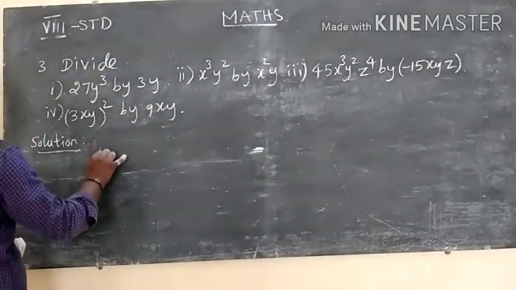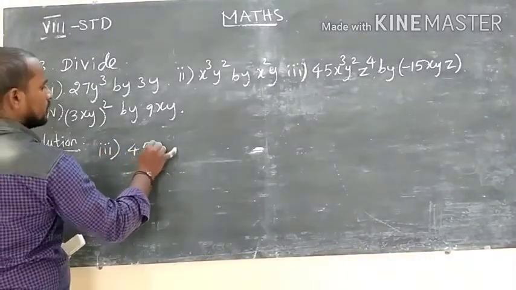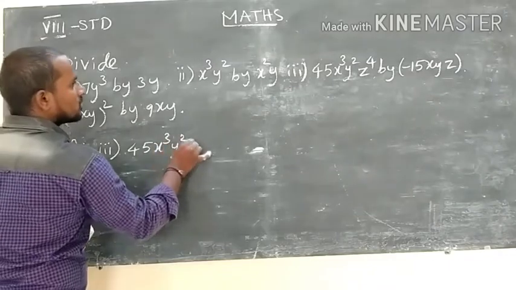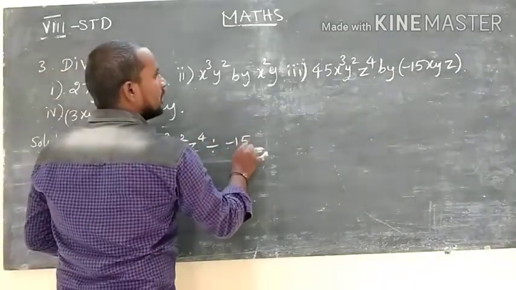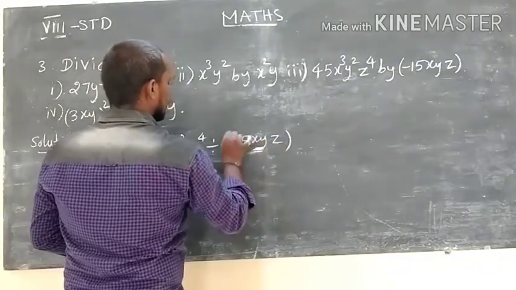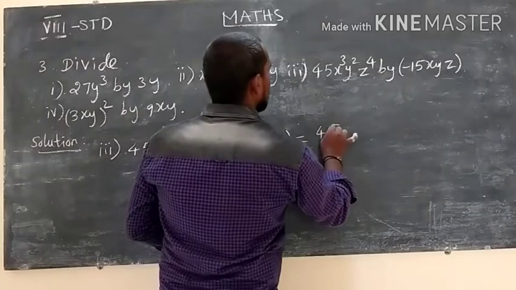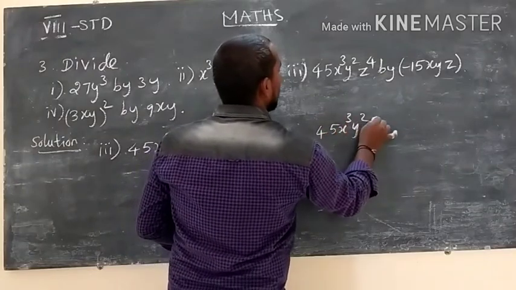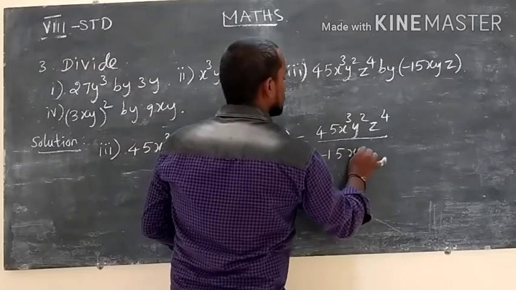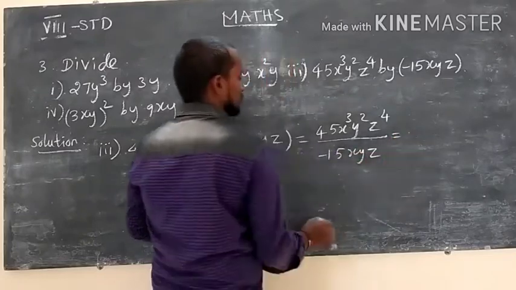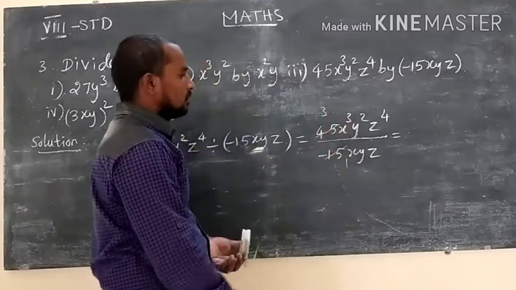Then the third question: 45 x cube y square z power 4 divided by minus 15xy z, which is equal to 45 x cube y square z power 4 whole divided by minus 15xyz. 1 15 is 15, 3 15s are 45.